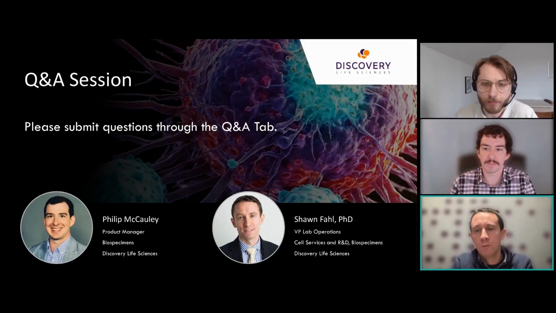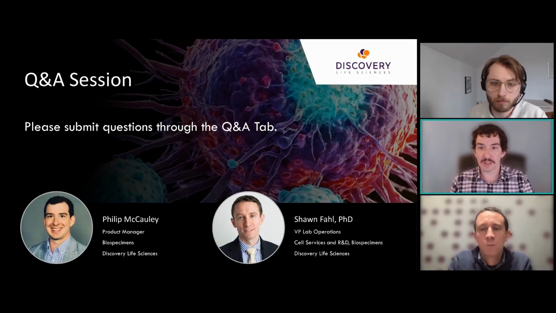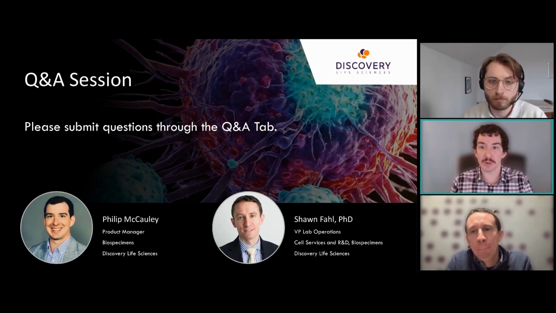Excellent. Great answer. All right, next one here. This person says they're interested in prostate and pancreatic tumoroids. Do you have any plans for those? Sure, I can take that one. It's great to hear feedback on what indications people are interested in. Sean just went through some indications that we've either developed or are working on, including the colorectal.